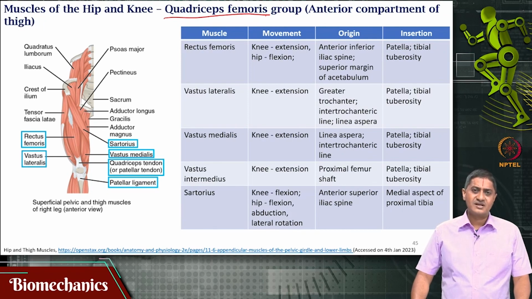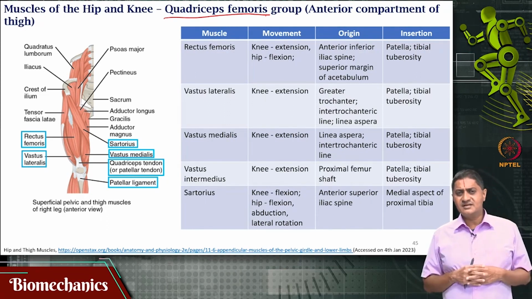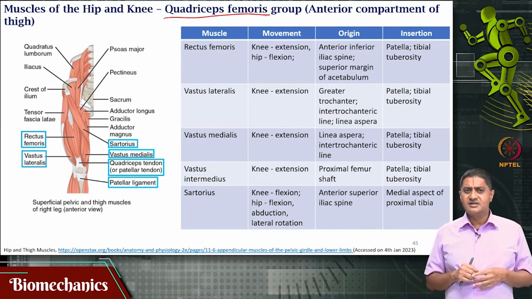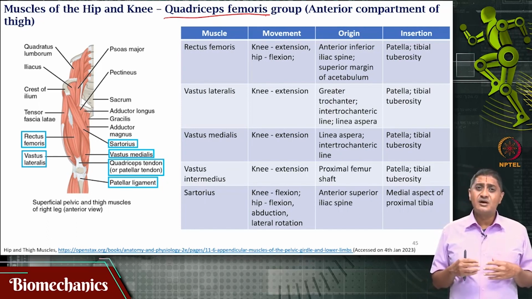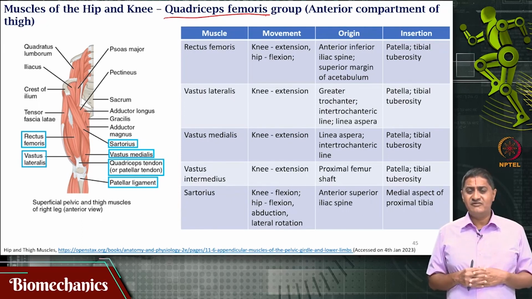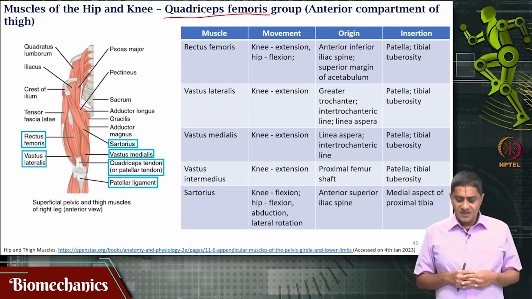We are still discussing whether this quadriceps femoris is considered a single muscle or a group of muscles. Well, we can say that these are actually 4 muscles that are synergists, that perform very similar functions. This is not a single muscle, it is a group of 4 muscles that have similar function. These 4 muscles are synergists.